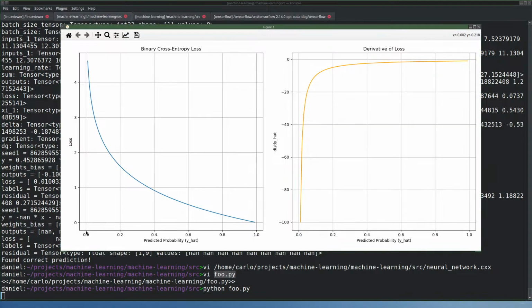But I stated y is 1, so this would be 100% certain that it is something that it isn't. If it's 100% certain that it is a 1, while it is a 1, then the loss is 0. That's namely correct. And if it's more and more certain that it is a 0, while it isn't, then we get a huge loss, which goes to infinity in the end.